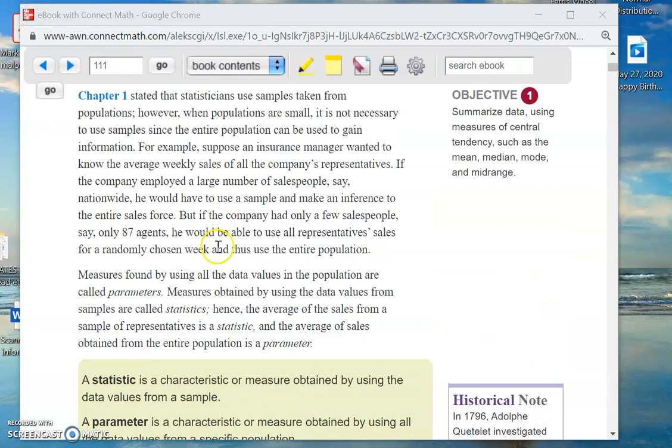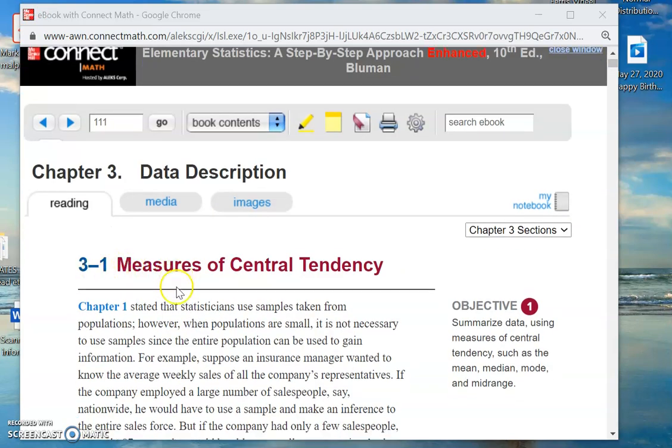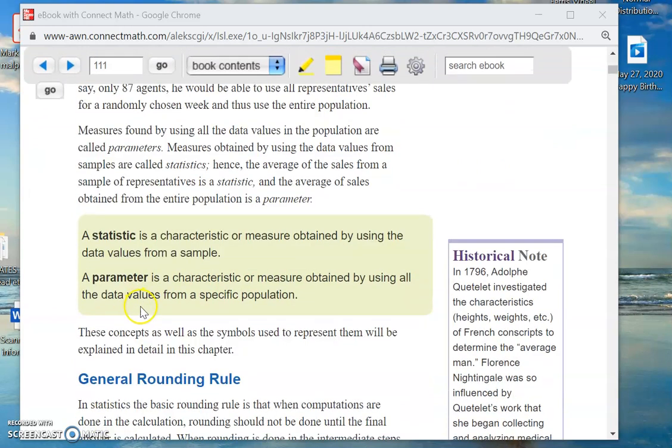All right, so what I'm trying to get at here is that later on in section 3-1, you'll notice we use the exact same word. We say a statistic is a characteristic or measure obtained by using the data values from a sample, whereas a parameter is the same thing, a characteristic or measure obtained using all the data values from a specific population.